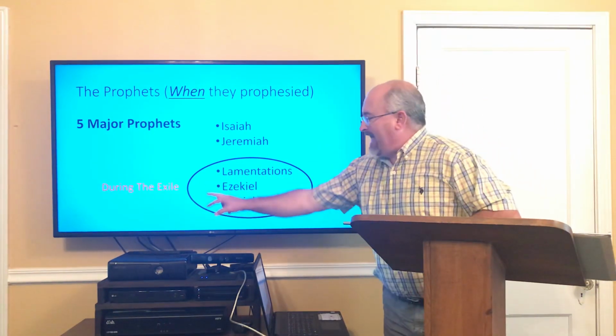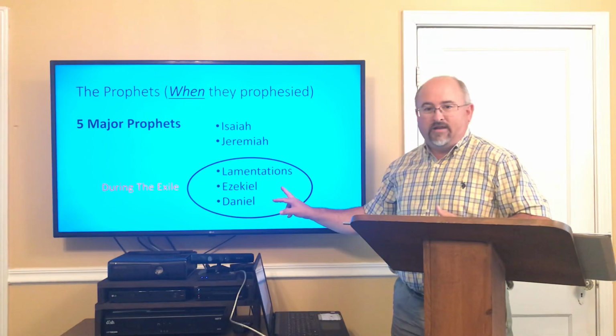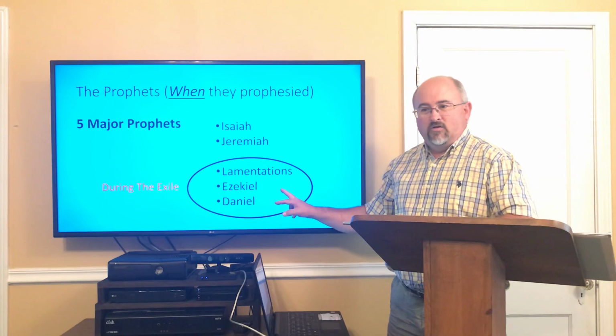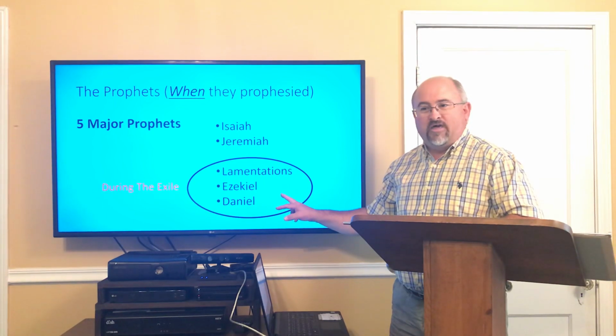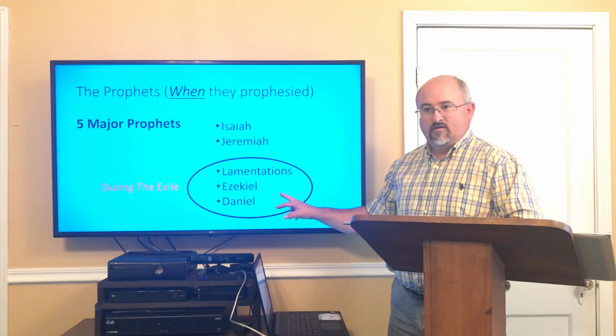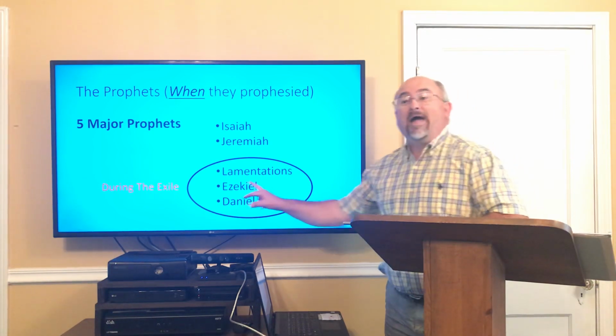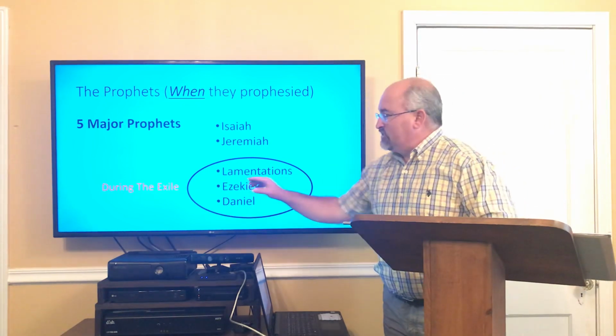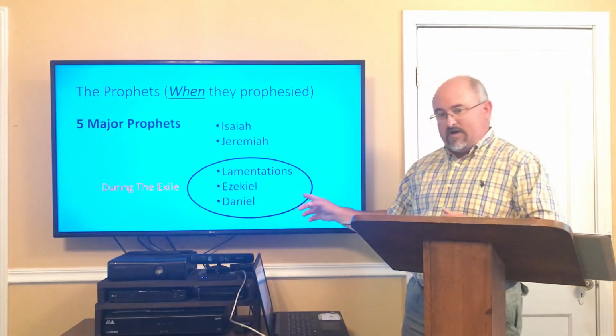So where would I have expected these books to be written? Where was the person, and where would that book have been written? In exile? In Babylon. So Lamentations, Ezekiel, Daniel was written during the exile, okay?